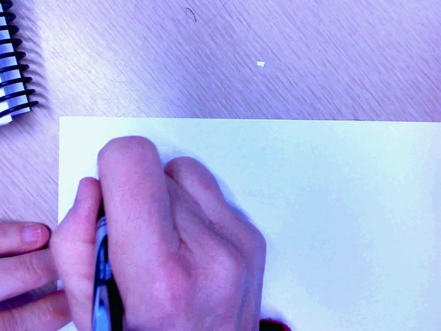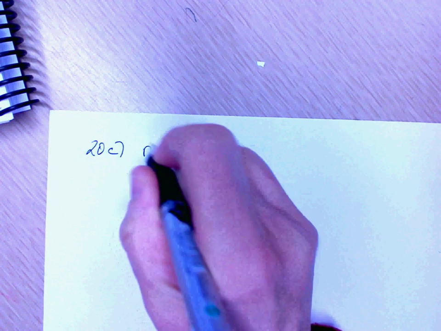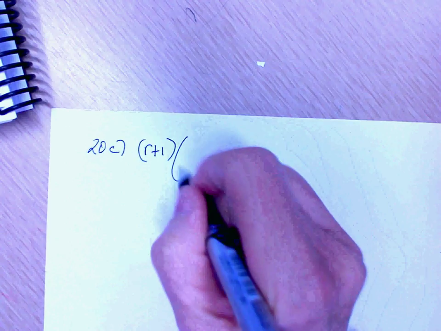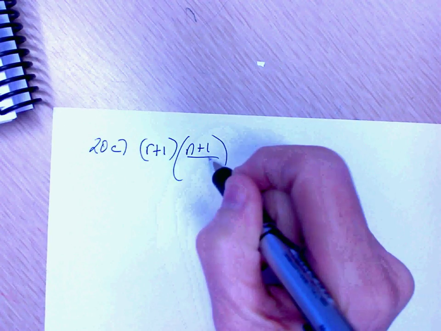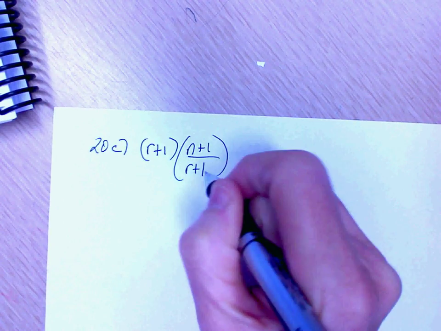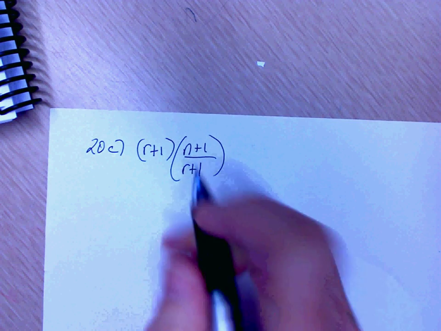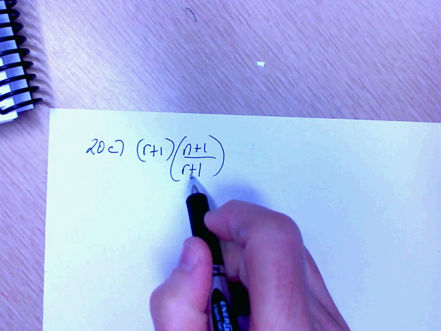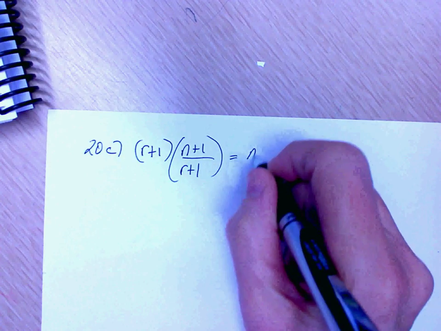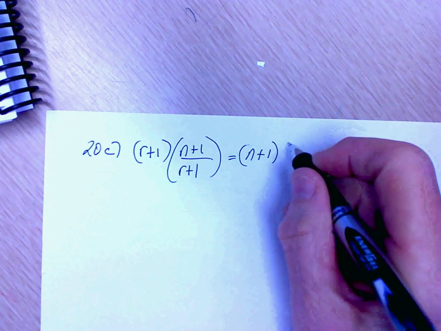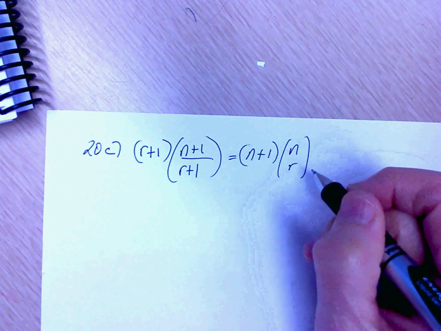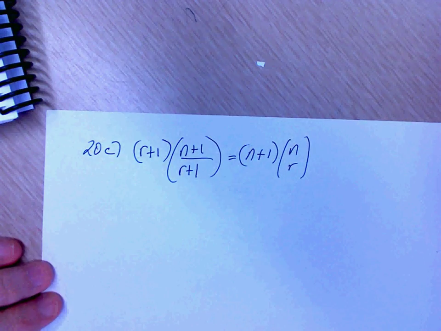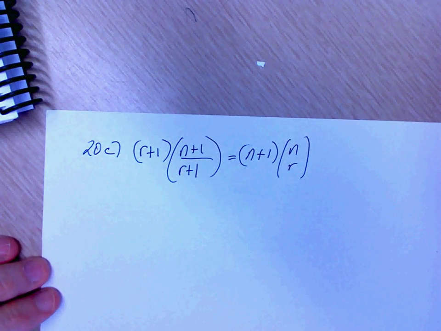So we have r plus 1 times n plus 1 choose r plus 1 equals n plus 1 times n choose r. So let's work with the left side, and then we'll work with the right side and see how we can maybe algebraically work with them to make them equal.